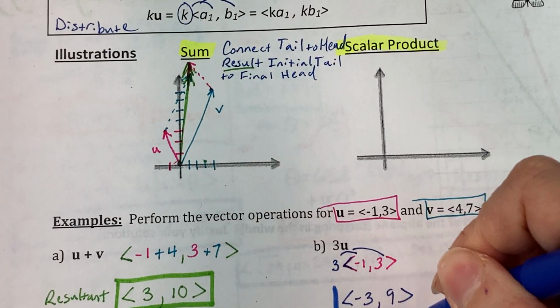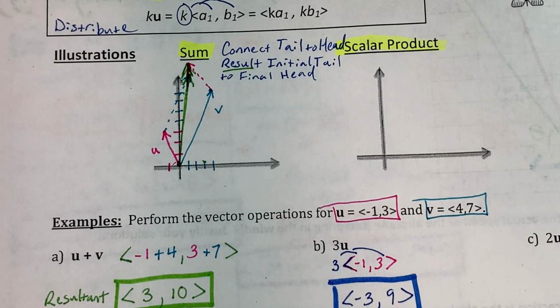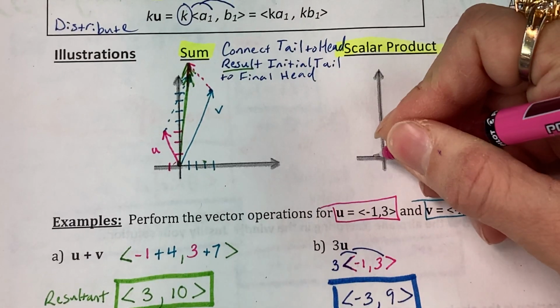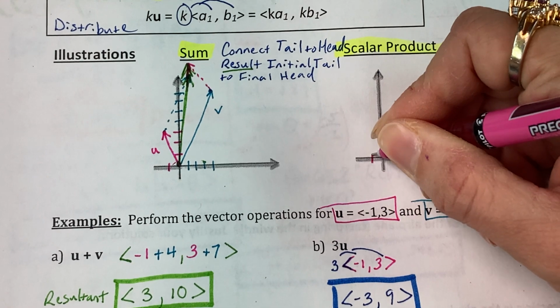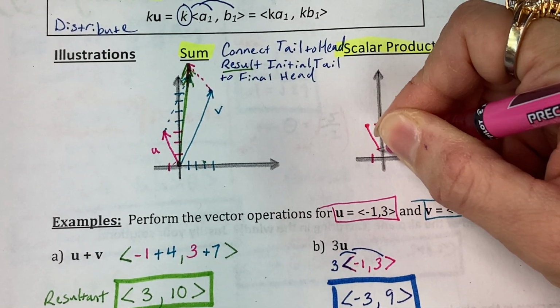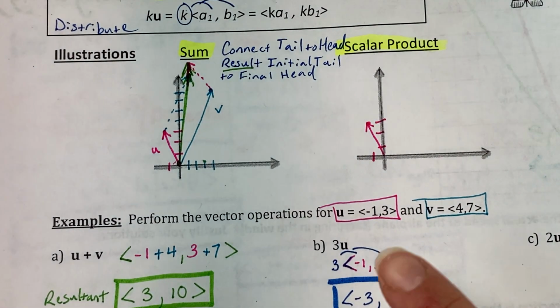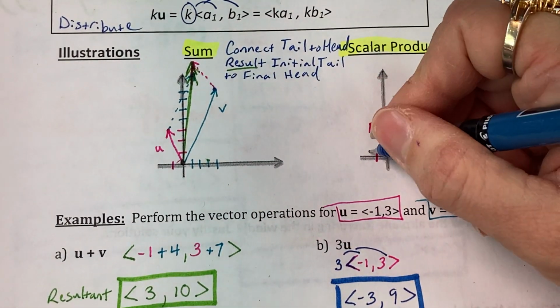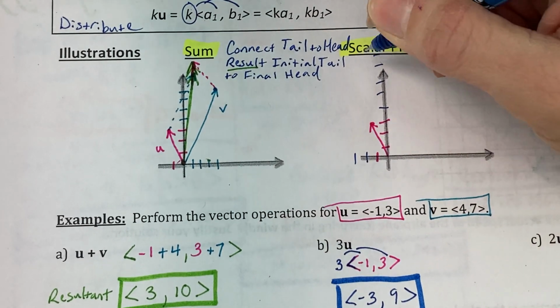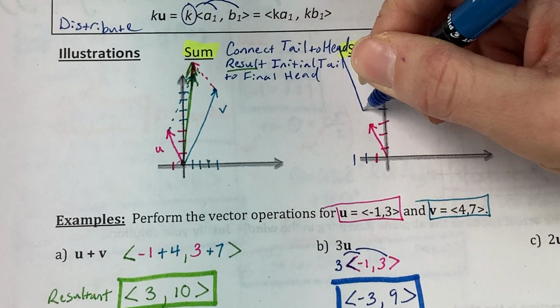Now for a scalar product, what this does is it lengthens both the A component and the B component of the vector, making it a longer vector. So here's vector u, so -1, 1, 2, 3. And then -3, 9 would be out here, and 3, 4, 5, up here somewhere.